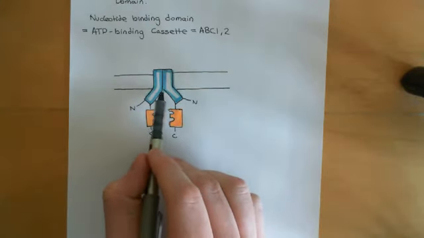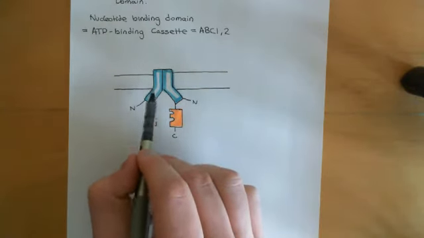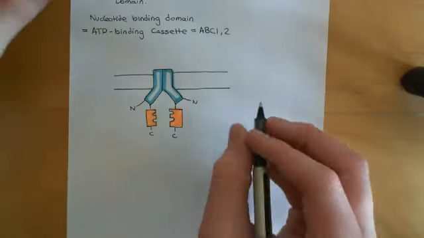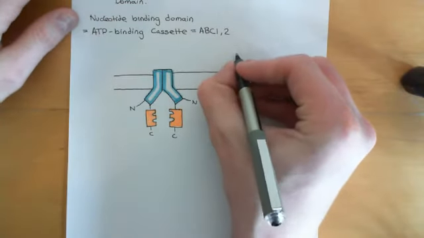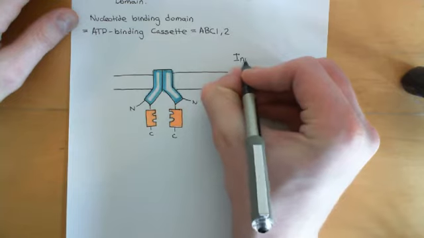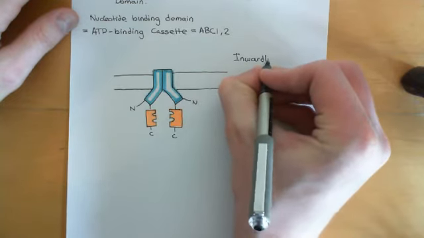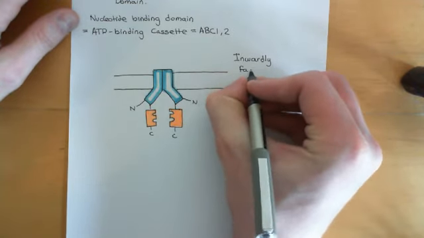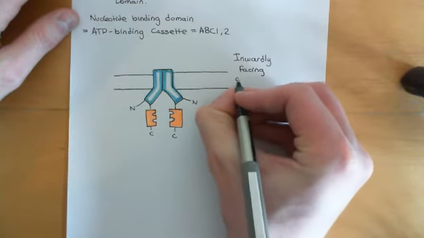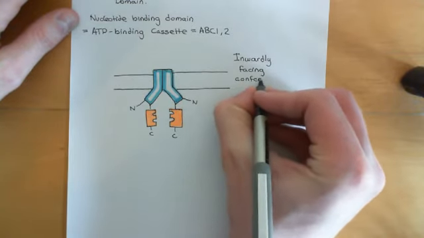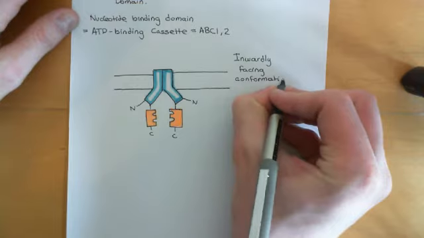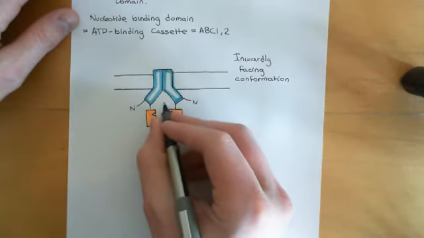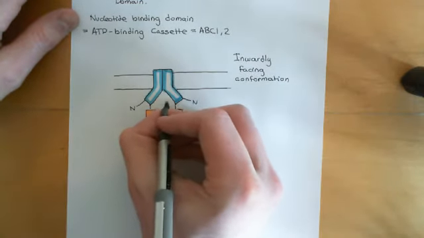So the drug is going to come and bind in between these 2 transmembrane domains. At the moment the transmembrane domains are in a special conformation known as the inwardly facing conformation. Whilst they're in this conformation, a drug molecule from the cytoplasm can come and bind here.